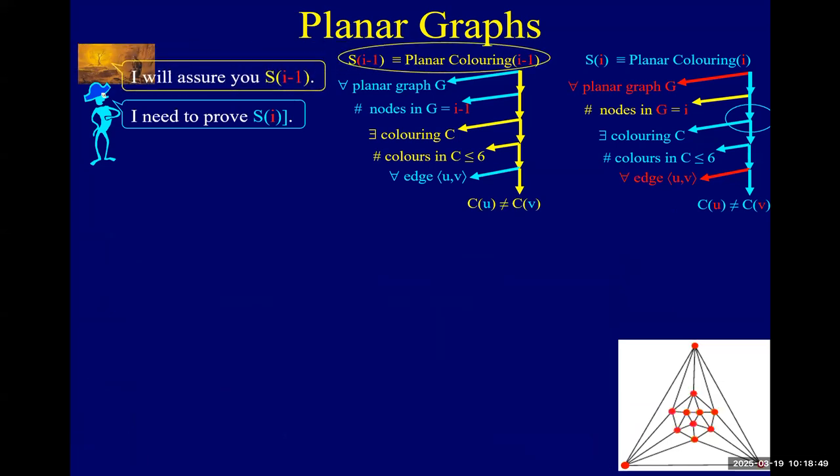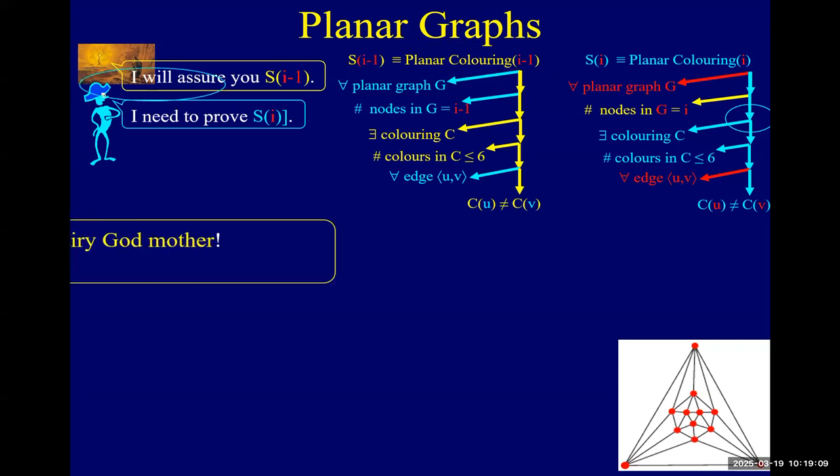But luckily, we know it's planar. And luckily, we have an oracle, right? So there are algorithms for coloring. In fact, what we're going to be doing now is describing a recursive algorithm, right? Induction equals recursion. Recursion equals an algorithm, right? So that's what we're going to be doing.